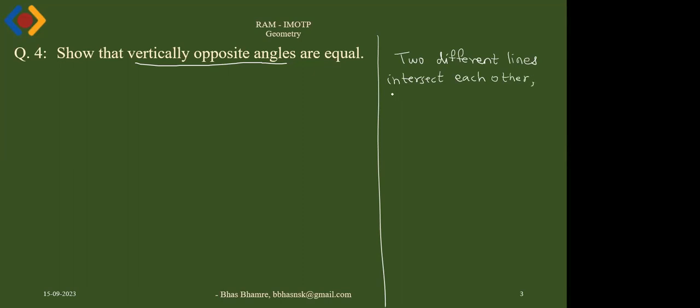This is a pair of angles when two different lines intersect each other, then a pair of non-adjacent angles is termed as vertically opposite angles.